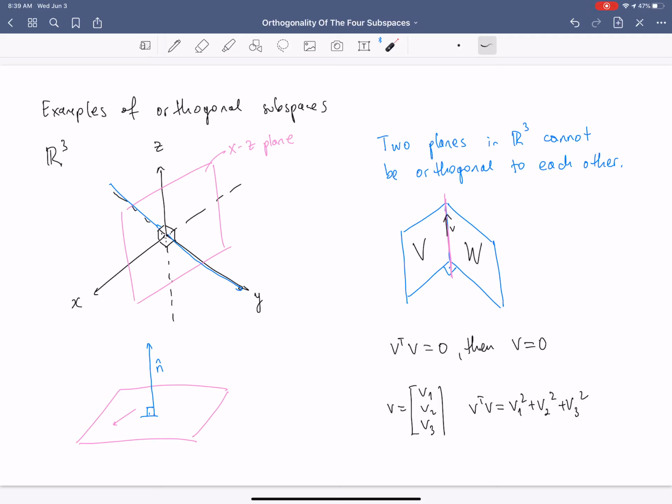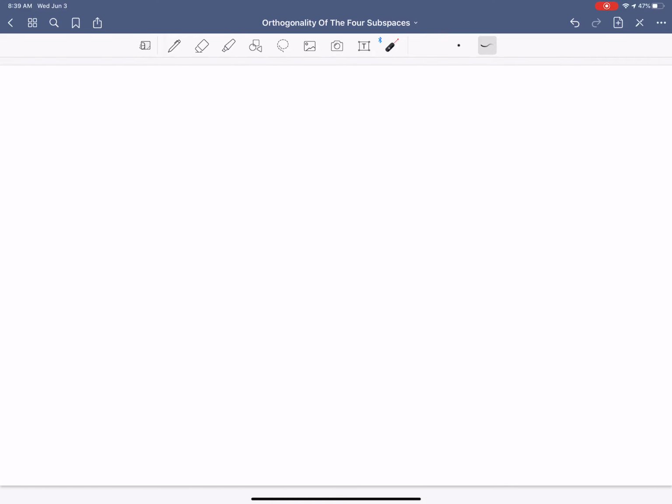All right, now we are ready to go to the 4 fundamental subspaces. So when we talk about the 4 fundamental subspaces, let's take a matrix A. And let's say that that matrix is M by N. So what does that mean?